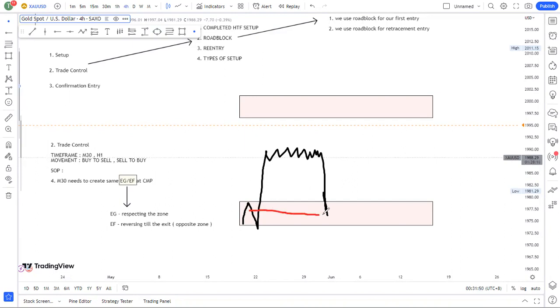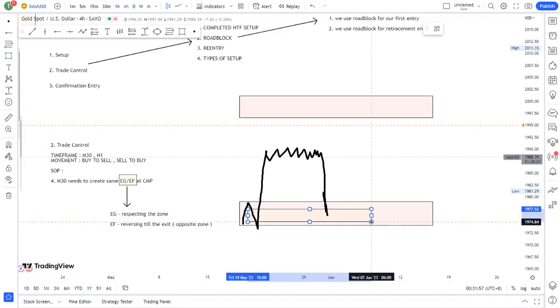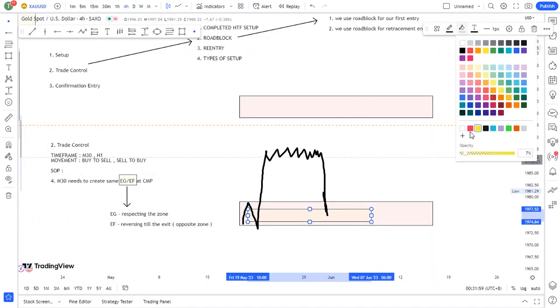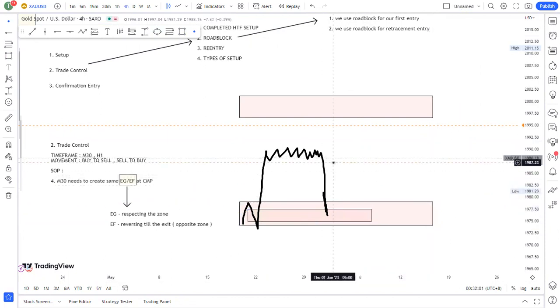So when the price comes from this sell momentum, the roadblock will be on our buy. Use the M30 to look for the zone at the back. So it is kind of refining this zone into a smaller one? Yeah, it's kind of precise.